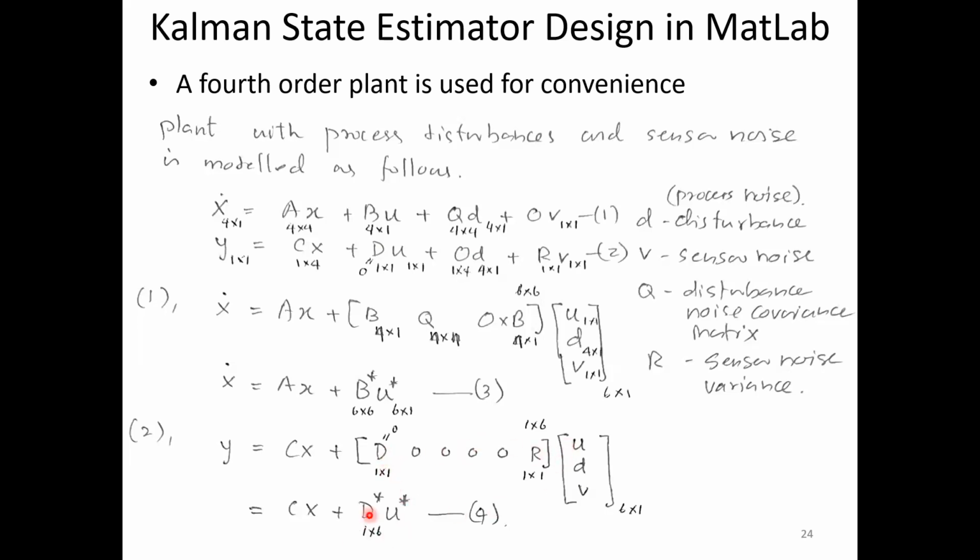Then you give it a name d star, and this one u star. So eventually you have equation 3 and equation 4, which are actually similar in appearance to the continuous-time state space model, right? X dot equals Ax plus Bu, and y equals Cx plus Du, right? In MATLAB, this is how you design your system with disturbances, process noise covariance, and the sensor noise covariance.